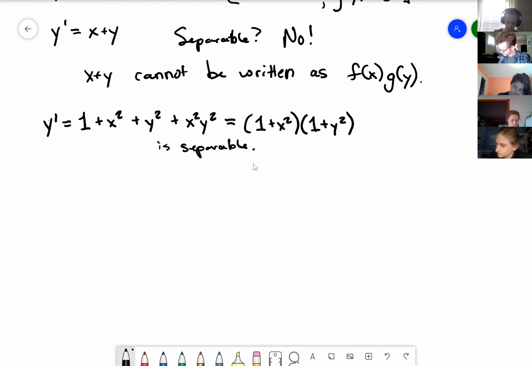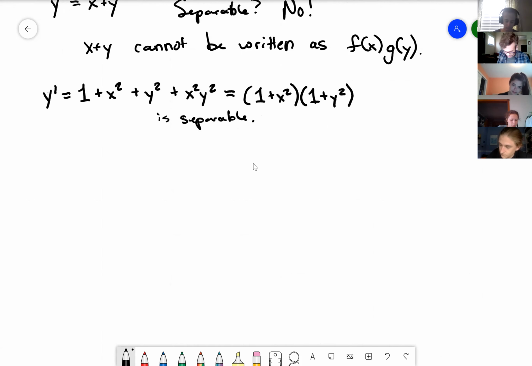Okay. Now, we've seen some examples of separable ODEs. Maybe you saw one example of one that's not separable. How can we deal with these things? So there's a really nice way of dealing with separable ODEs.